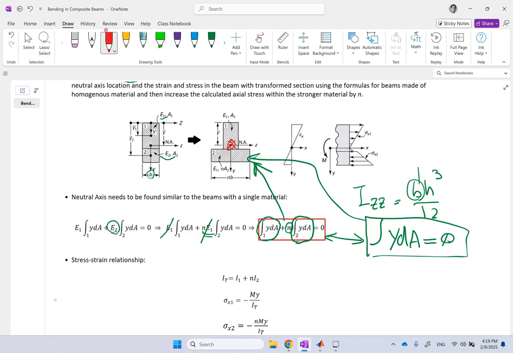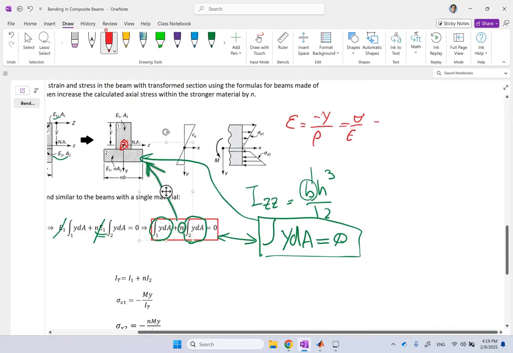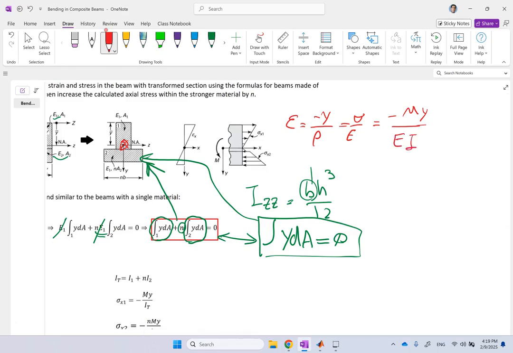Well, remember, sigma is E times strain. Remember, strain epsilon was negative y over rho, correct? Or if you want to do it based on the moment, we can also do that. This is sigma over E, and sigma is negative My over I, so it's going to be negative My over EI.